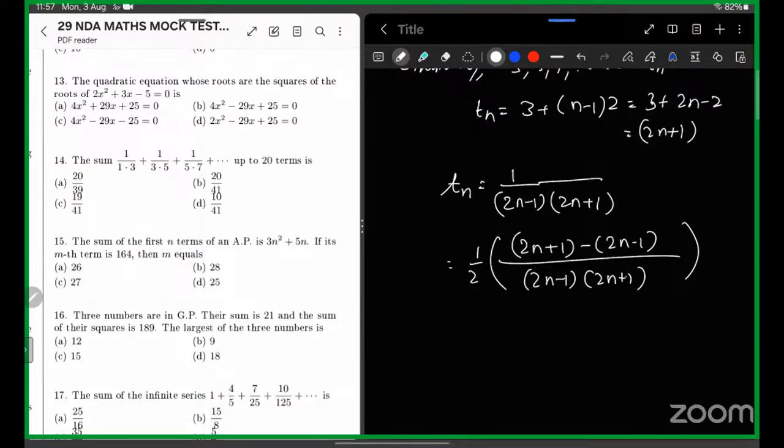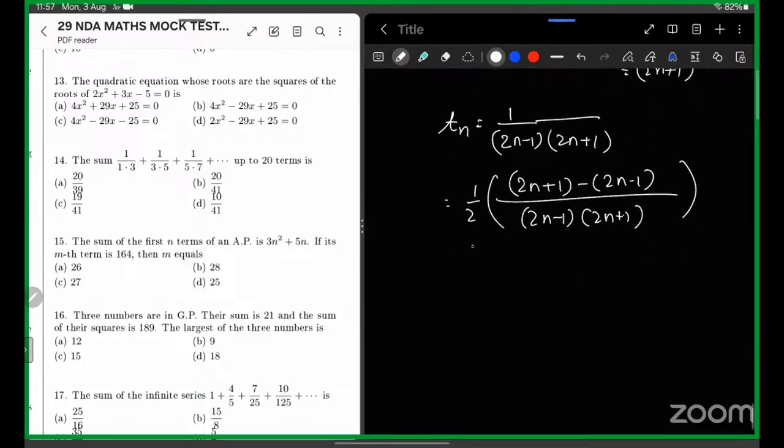Okay, then it is fine. So in this way, I can write it. If I want to separate it, it will become 1 by 2n minus 1 minus 1 by 2n plus 1 in this form.